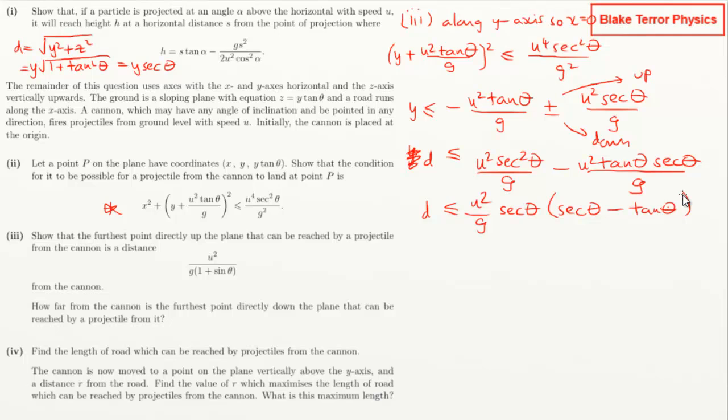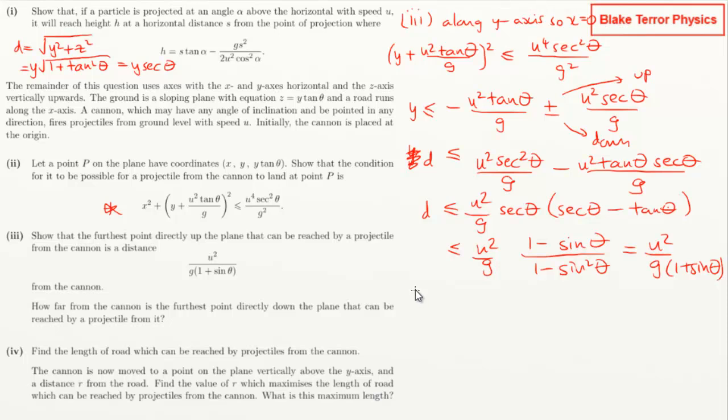So 1 minus sine over cos, and then okay, I can see where we're going. So u squared over g, and I've got a 1 minus sine theta over a cos squared theta, which is a 1 minus sine squared theta. So the 1 minus sines are going to cancel and just leave me with a 1 plus sine on the bottom. That's u squared over g, 1 plus sine theta.